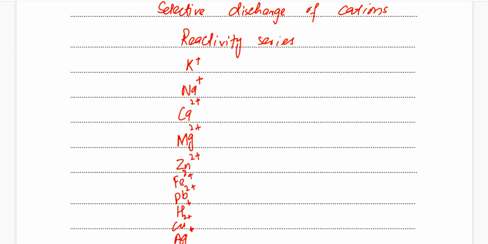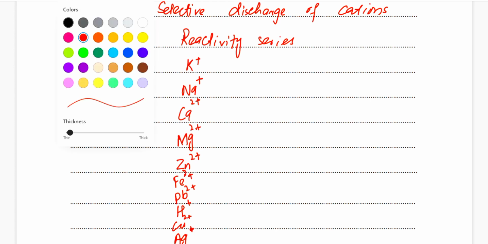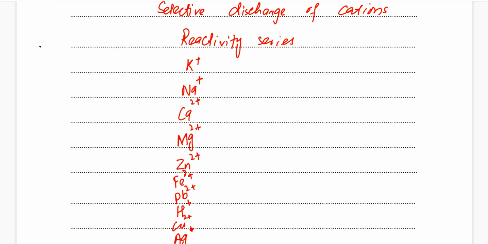Let me tell you what we are going to study over here. This is a reactivity series. It means the top one is the most reactive and will be ionized very quickly, so that's why it is on top of the reactivity series. Then sodium releases its electrons after potassium, so it is second. You can say the reactivity decreases from top to bottom.